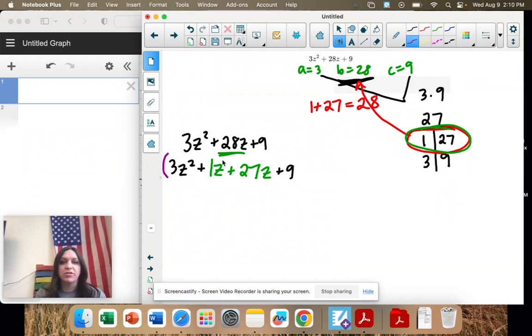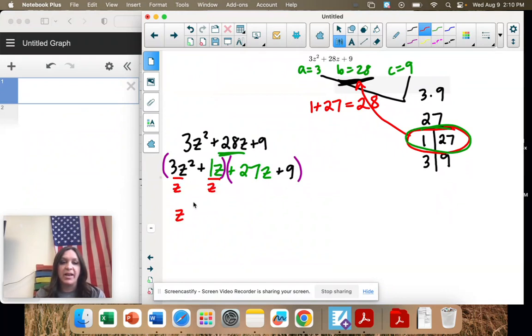We group the first two and group the second two and look for common factors. So our first one here, 3 and 1, there's no factor, but they both have a z. So I'm going to divide each of these by z.